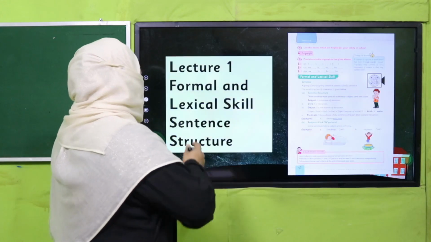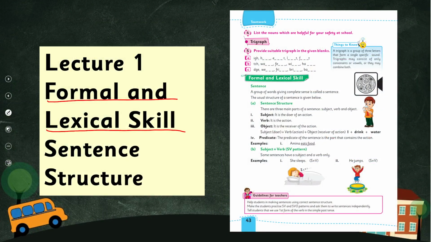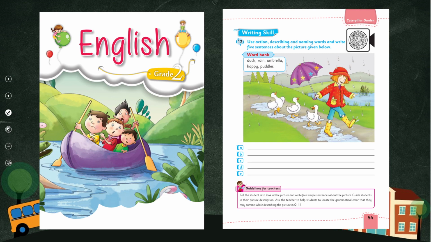Yes, my dear students, today under the title of Formal and Lexical Skill, we are going to learn about sentence structure. Before this, in English for Grade 2, we have learned how to use a word bank to make sentences while describing pictures, using action words and naming words.